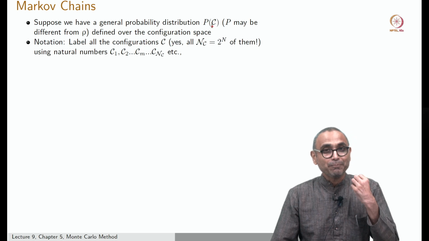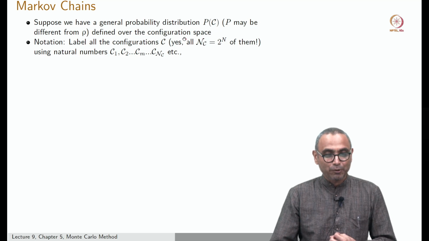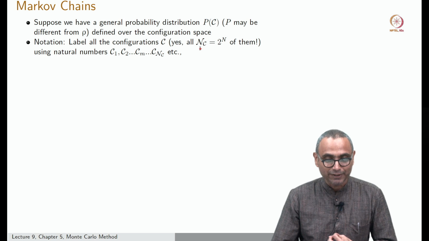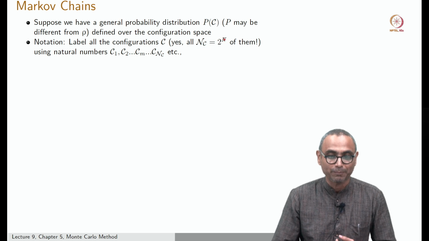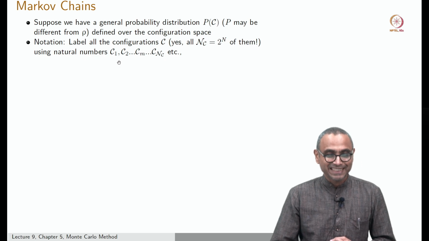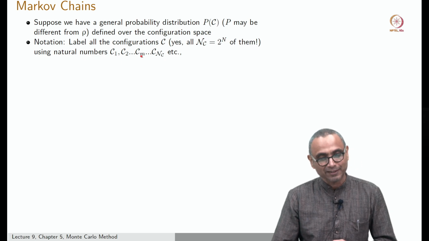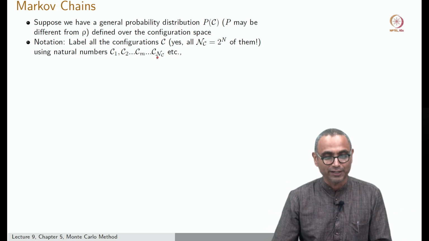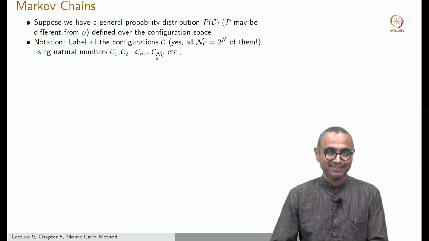Okay, to simplify the notation, I am going to say that there will be script nc configurations, which in the Ising problem is 2 to the power number of sites, and we'll just call them C1, C2, all the way up to C script nc. We find some way of numbering these, and they are all numbered, let's say, in this way.